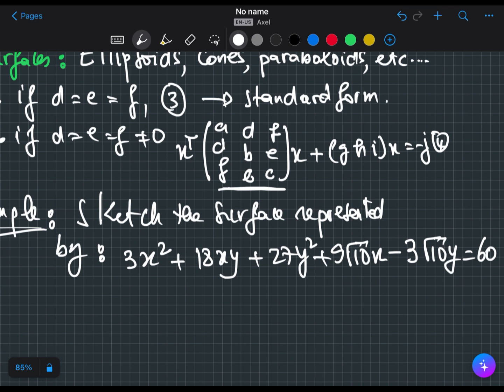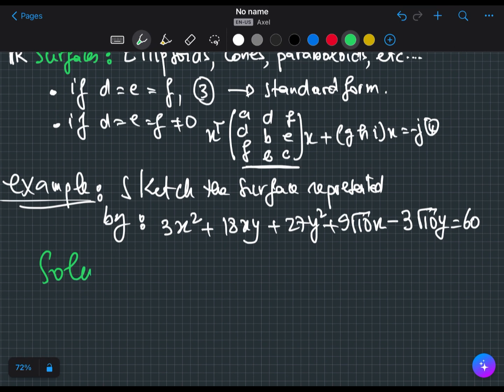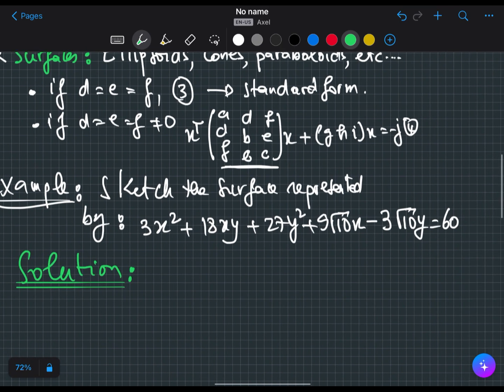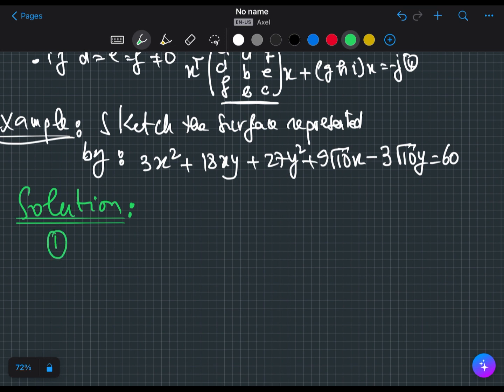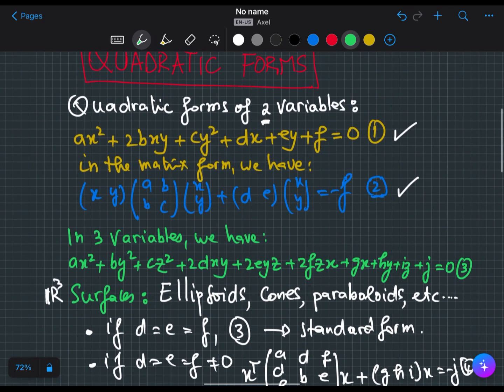As defined in the previous video, as a solution, the first step will be to write it in matrix form. One can directly apply this formula from 1 to 2.